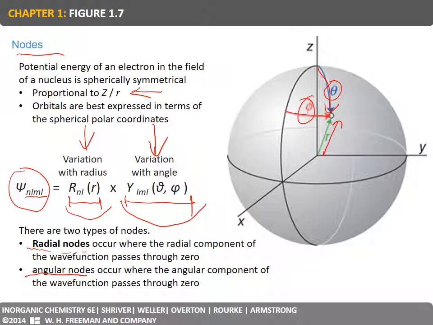Now, as we will see, the numbers of both types of nodes increase with increasing energy as it relates to the quantum numbers n and l.